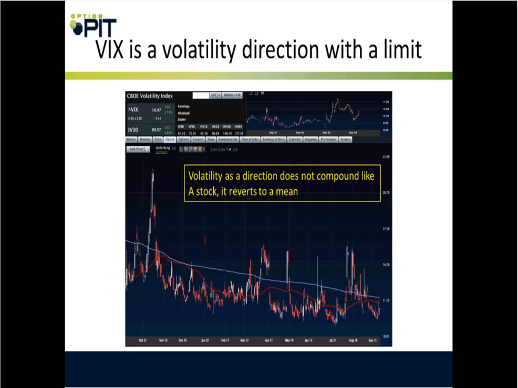It doesn't mean it can't happen, but that's what needs to happen for the index to climb a lot higher. It makes it really tough. So the important thing about the product is what is really possible with VIX and what's probable with VIX. And I think that's where a lot of people stumble.